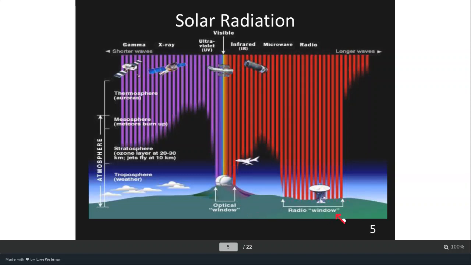Here we can say that X-rays, ultraviolet rays, these can be measured by the space-based observatories, and optical range, radio frequency can be measured by the ground-based observatories.